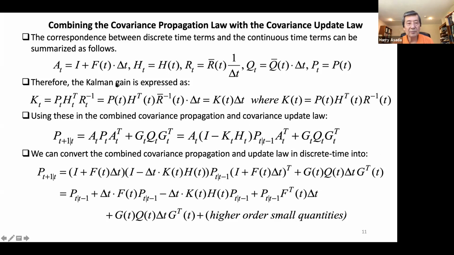AT is basically I plus FT delta T, right? So let's replace this guy by this expression. And I minus KTHT, KT is now replaced by KT delta T. So let's replace this one by that, which will result in delta T, KT, HT, okay?